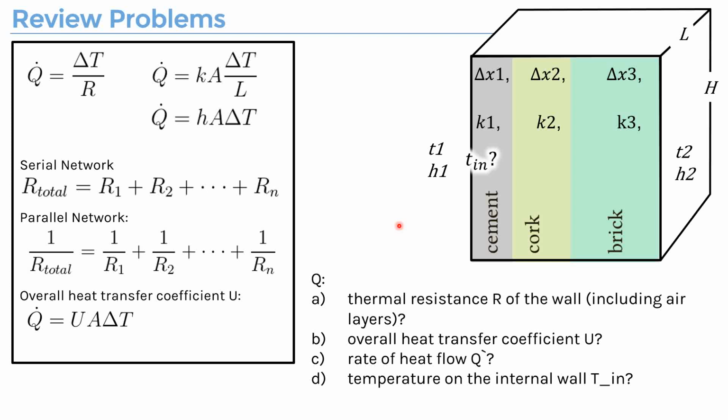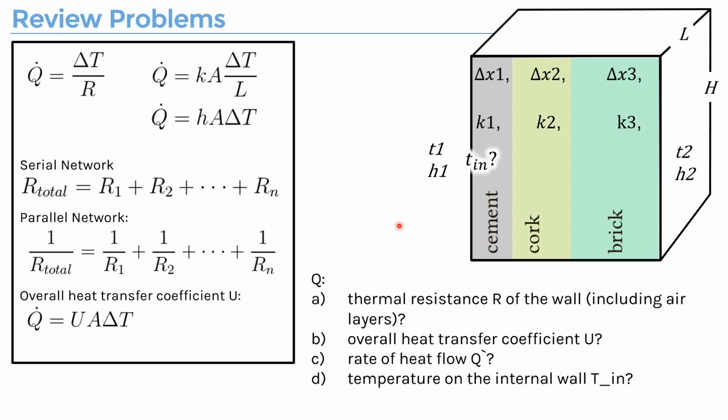So every time you are solving a problem, when you see this block, just double check whether you have this convection part, because temperature T1 is the fluid temperature. It is not, as I said, the temperature on the internal wall, Tin. So there must be some heat exchange between T1 and Tin.